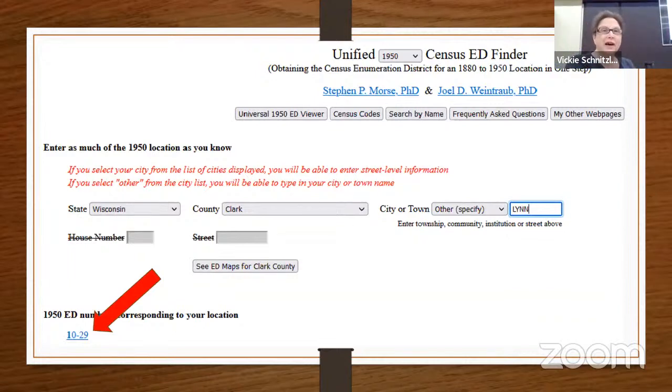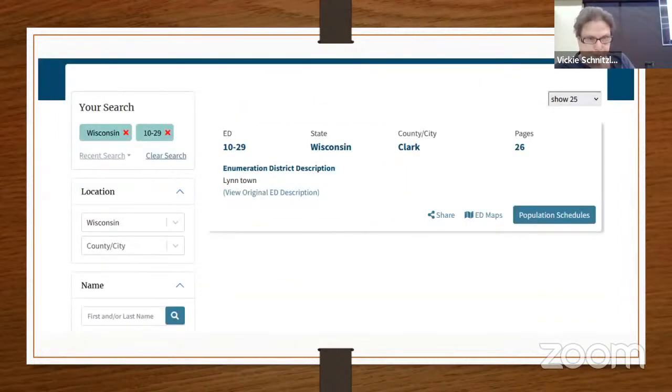So I know that that's the district. I've proved it several different ways. And now you can click on that 1029. Next slide. And it will bring up Enumeration District 1029. And I can click on that, or actually click on the population schedules and start going through them.